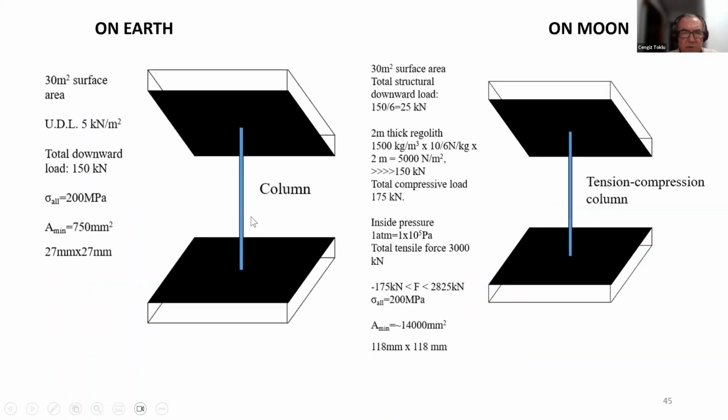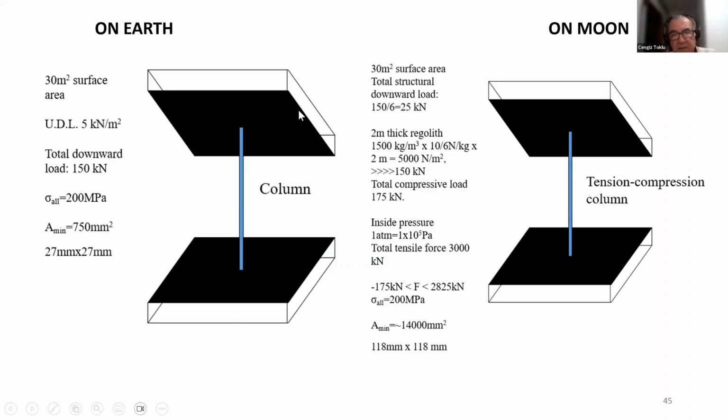Now, this is to show that the materials that we are going to use there must be tension-resistant. For example, if you have a floor on Earth, 30 square meters, then since it is only compression, we will need a column there, and with a small computation, a 750 square millimeter column will be sufficient.